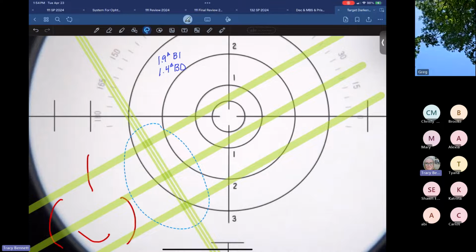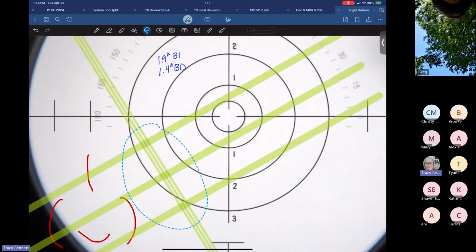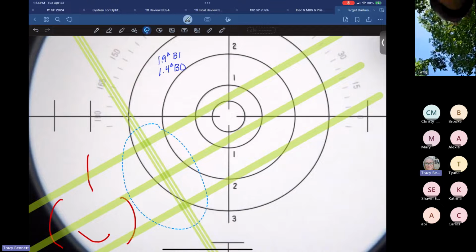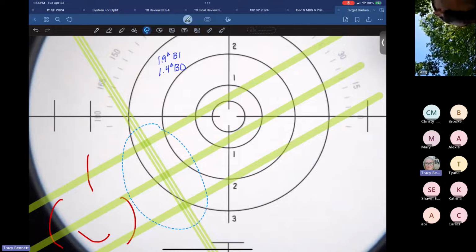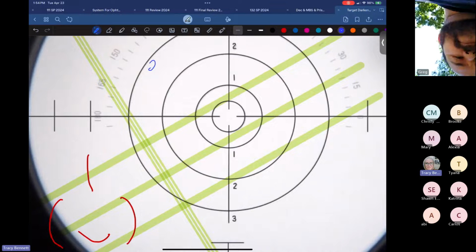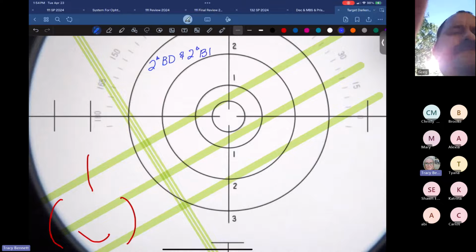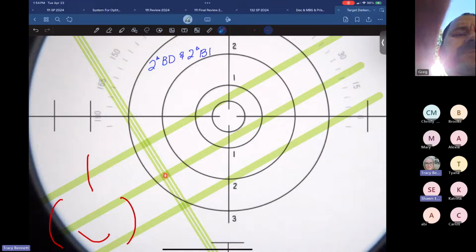Like this one, I think this would be about where I would place if I wanted to have 2 base down and 2 base in. Would you guys agree with that? That if I wanted to have 2 base down and 2 base in, is this where I would put it? So again, I'm looking at this point and how far down I'm aligned with the 2.